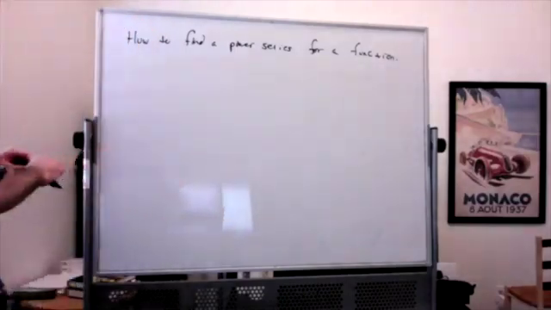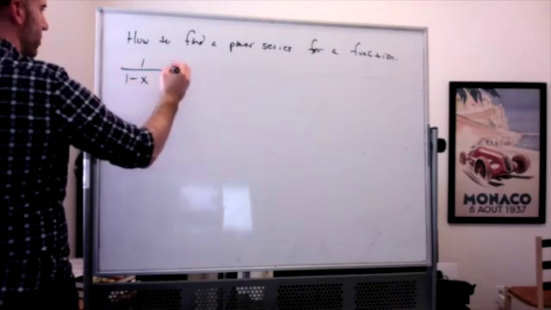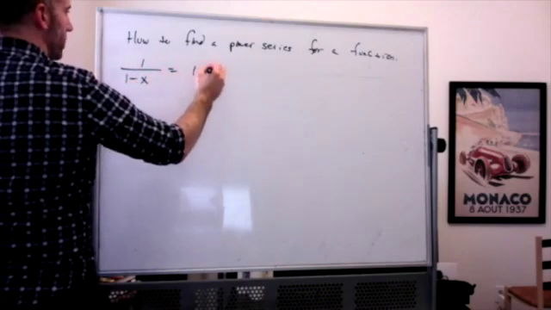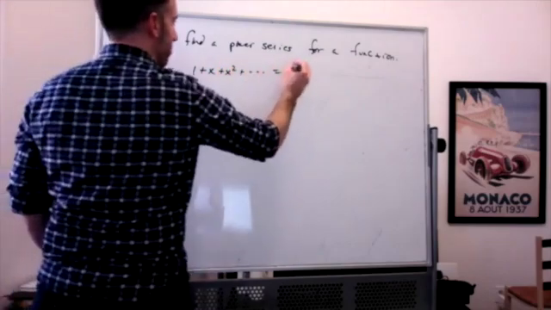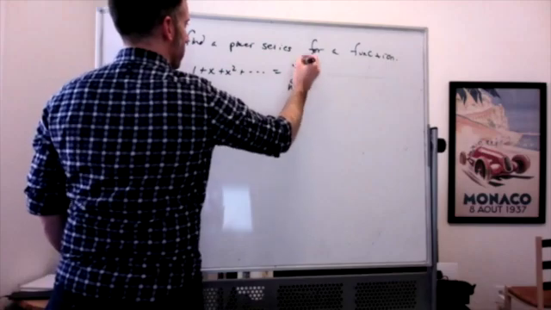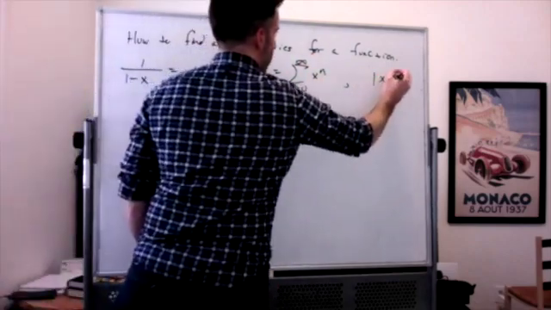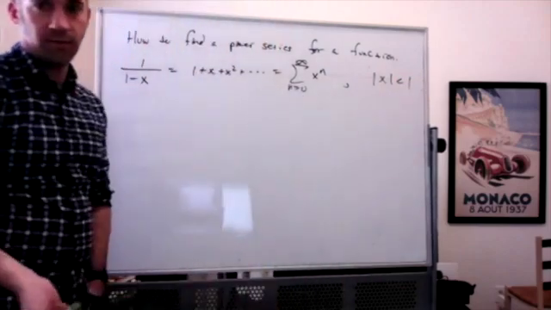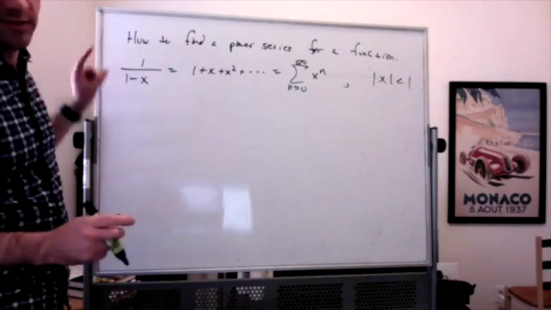But we're going to use this fact a lot: 1 over 1 minus x is equal to 1 plus x plus x squared, and so on and so on, as long as x is between -1 and 1. So we're going to exploit this fact.